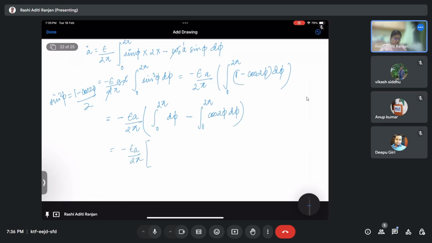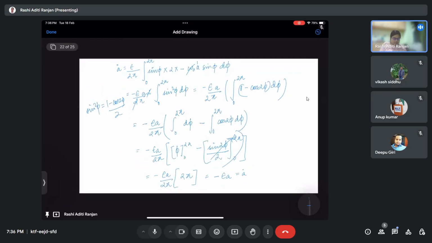We have integration of d phi, which is going to be phi, from 0 to 2 pi, minus integration of cos 2 phi, sine 2 phi by 2, limit 0 to 2 pi, and this will be 0. Okay, so what are we going to get? We are going to get minus of epsilon a. This is my a naught. So from this I can compute a, right?